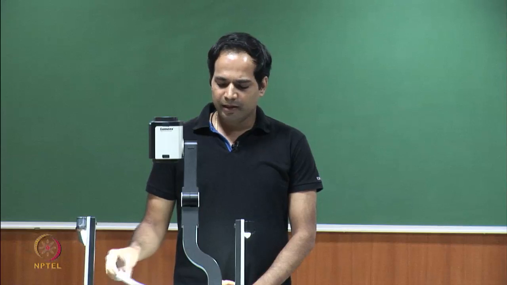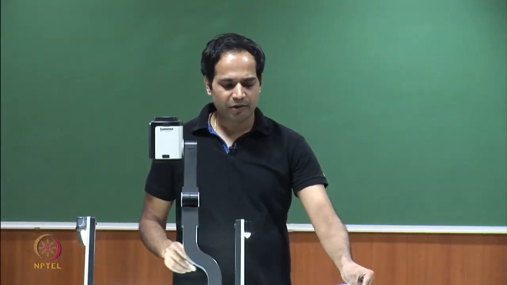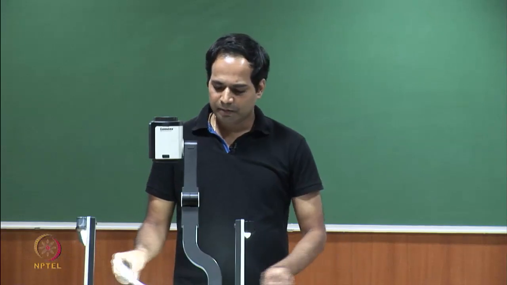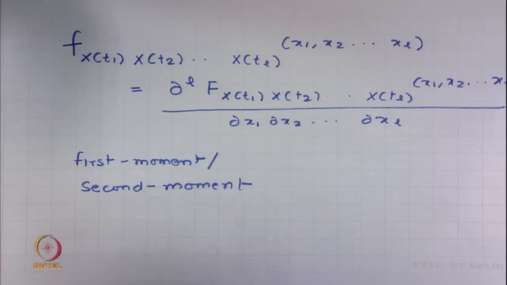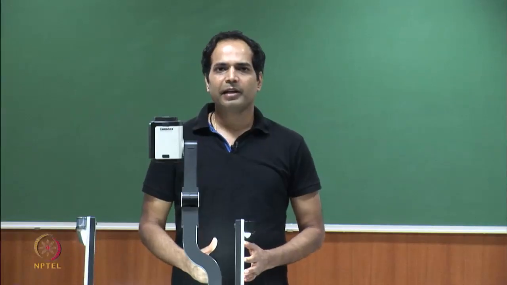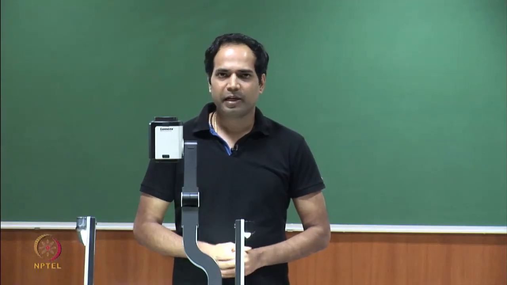The third point is that you can envisage a random process in more than one way. We have seen several pictures of random processes. We have seen a picture where we said that a random process is made up of sample functions, it is an ensemble, and then there is some probability rule. That is one way you can think about a random process.